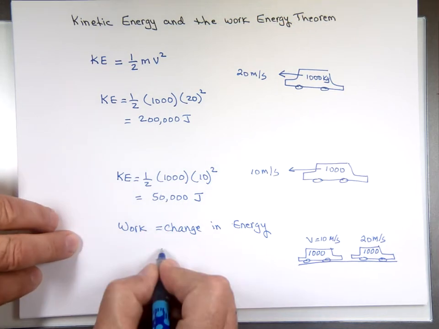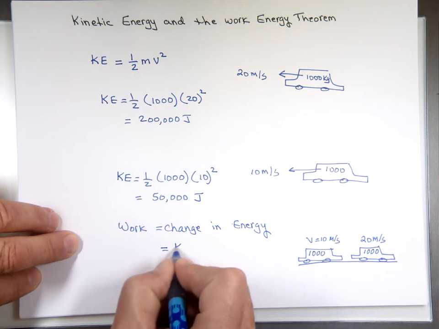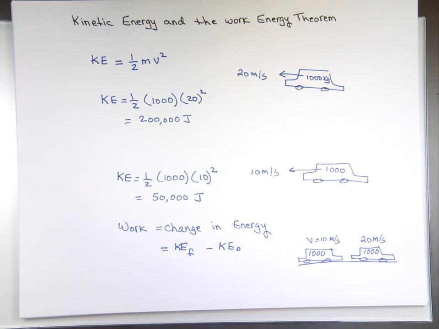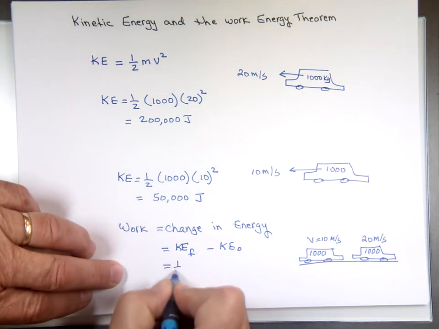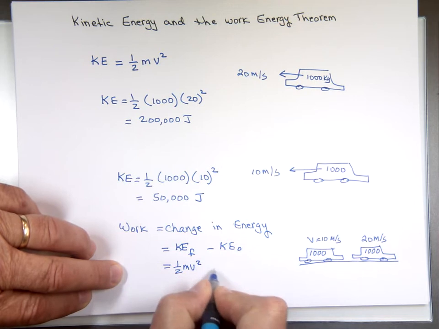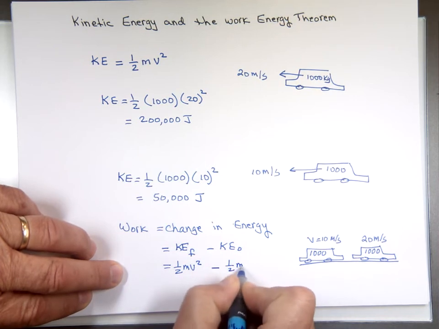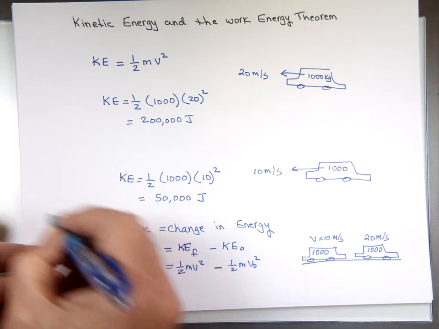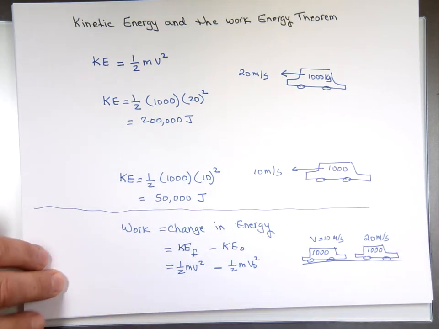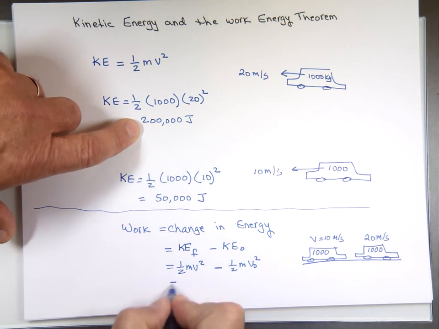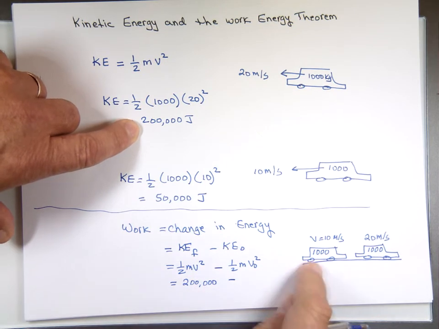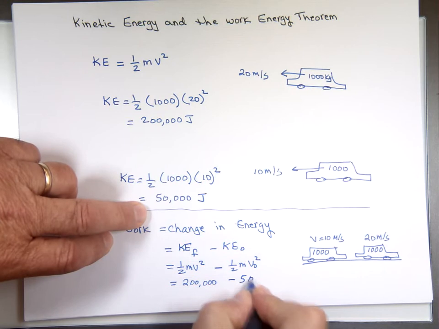Work is change in energy. So that's the final kinetic energy minus the initial kinetic energy. Your final kinetic energy is 1/2 mass times final velocity squared, minus 1/2 mass times initial velocity squared. For this example, I already have the numbers from here. At 20 meters per second, your kinetic energy is 200,000. At 10 meters per second, it is 50,000.